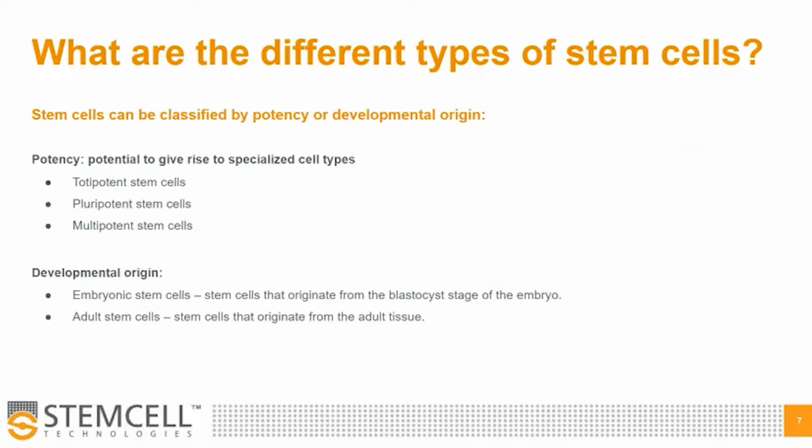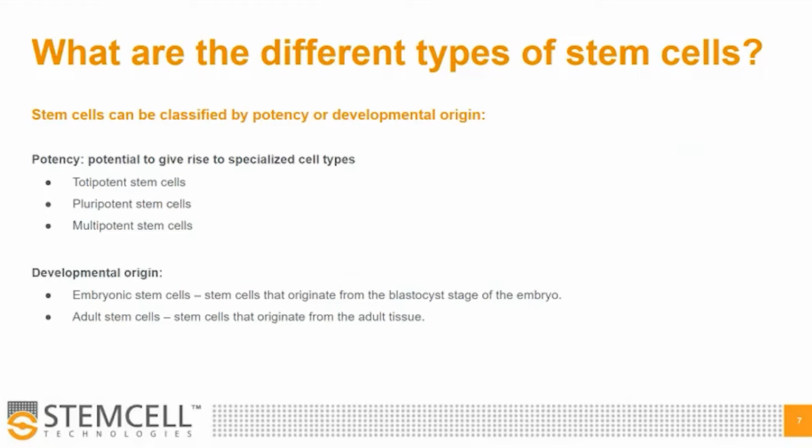The issue of potency may be the most difficult parameter to incorporate into a widely accepted definition of stem cells. Based on the potency, we divide stem cells into totipotent stem cells, pluripotent stem cells, and multipotent stem cells. Stem cells exist both in embryos and adult cells.